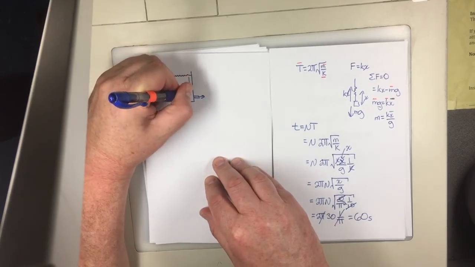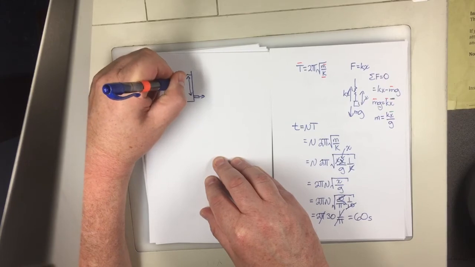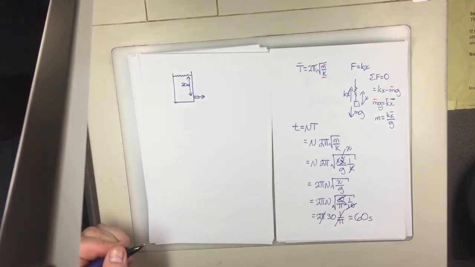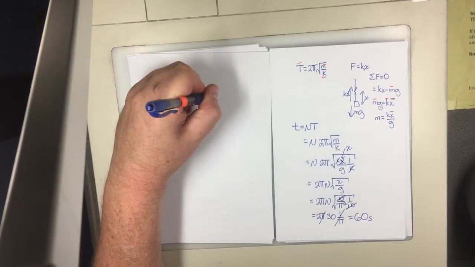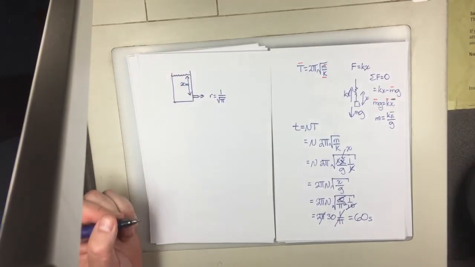Now, this length here is 20 meters. The radius of the hole is 1 over square root of pi, and it's circular.